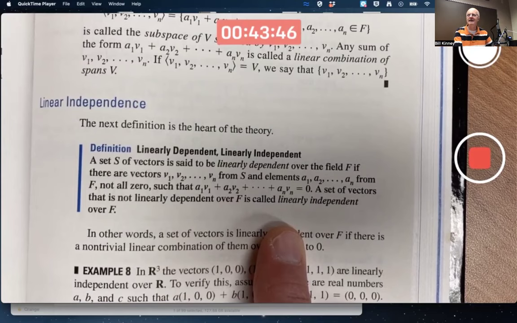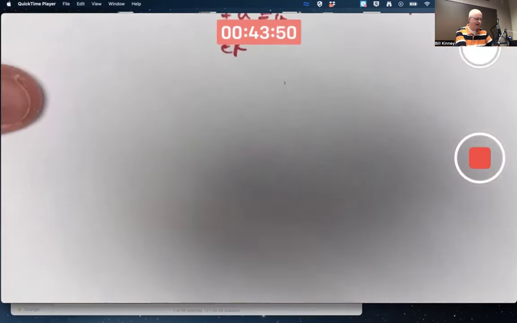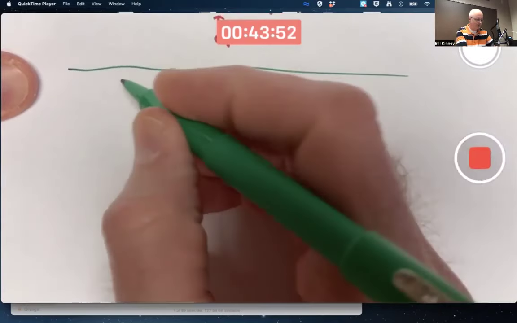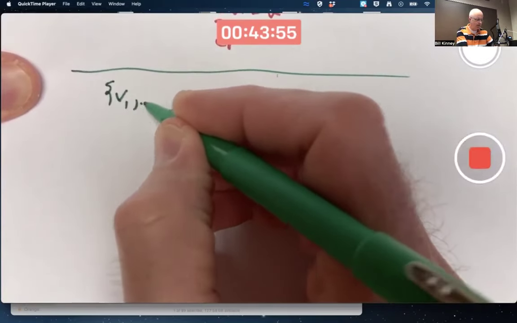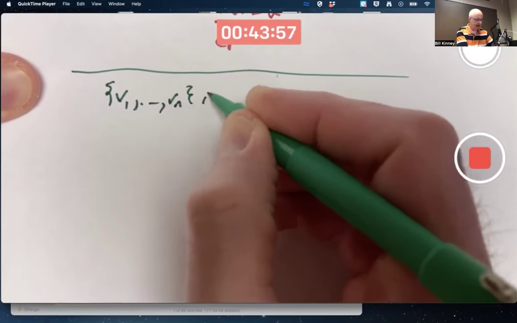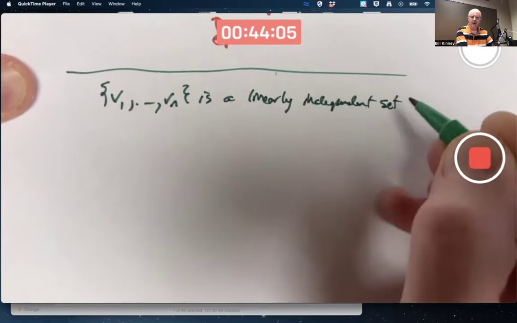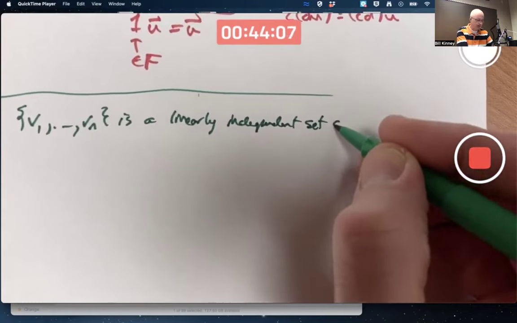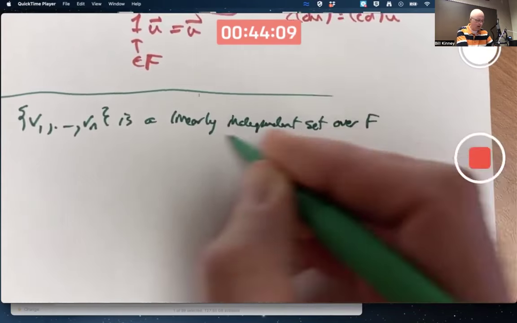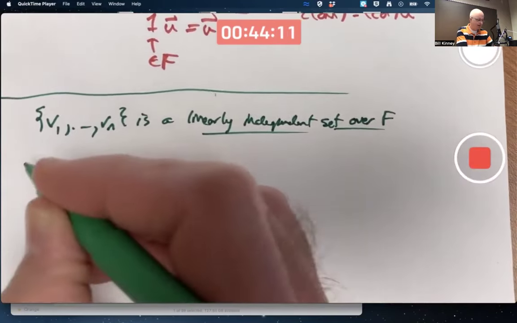That gets confusing. What'd you do in linear algebra to define linear independence? V1 through Vn is a linearly independent set. We'll add the phrase over a field, over F, now. If what?